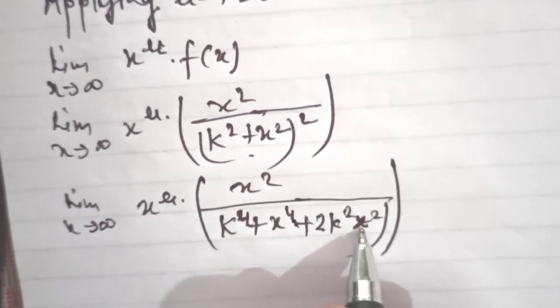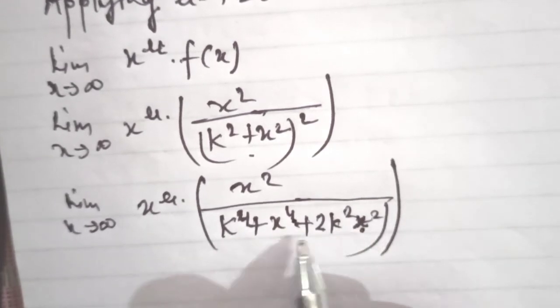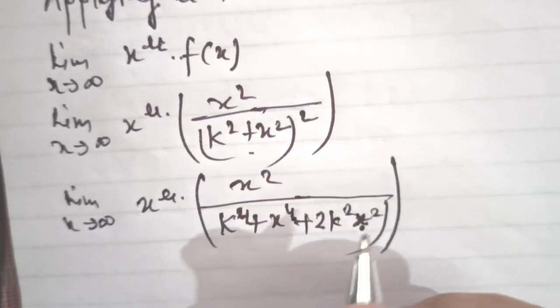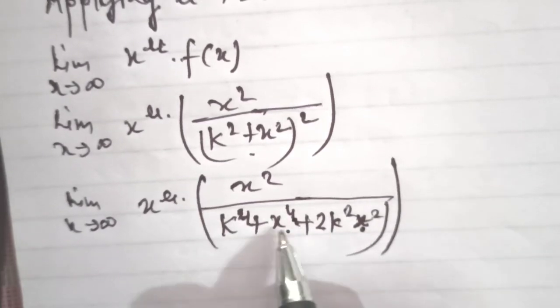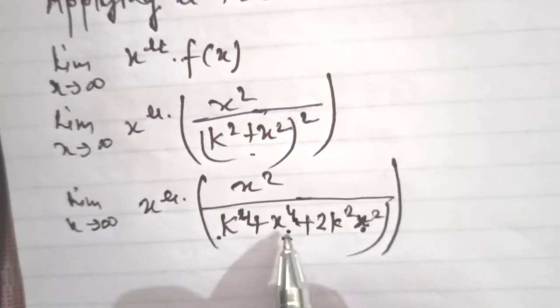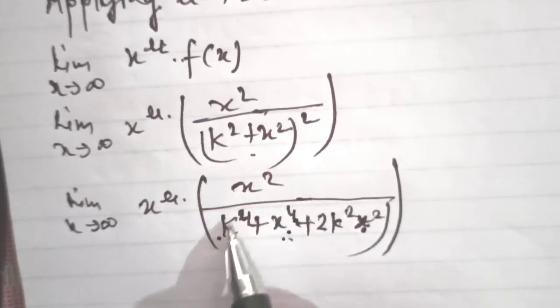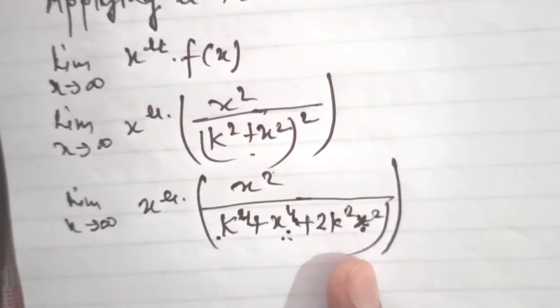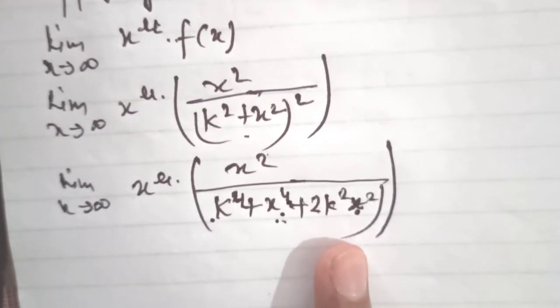You can see that here we have x to the power 4 and x square, so x to the power 4 is common. If you take x to the power 4 common, then you can cancel out this term, and then you can easily identify whether the function is convergent or divergent.